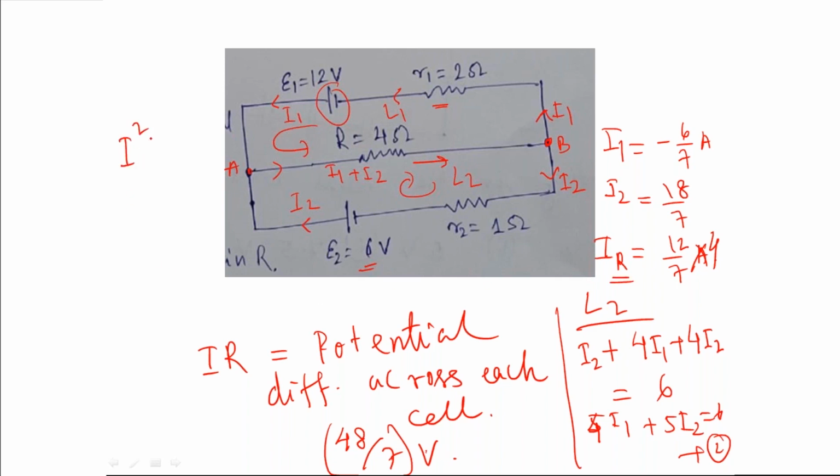Now what is the energy dissipation across 4 ohm? This is the current I have got, so I can write I square R. This will be the energy dissipation across 4 ohm. So this will be 12 by 7 whole square into 4.